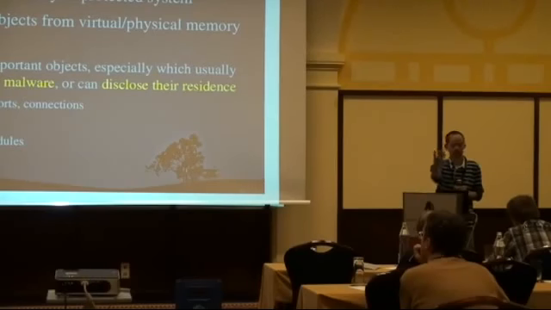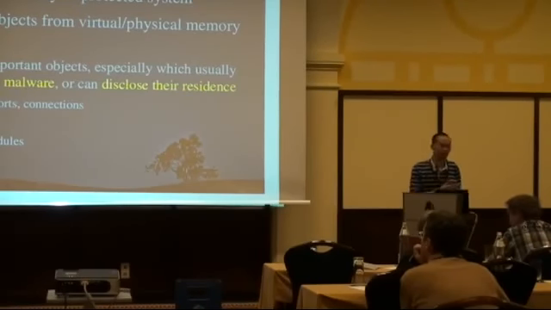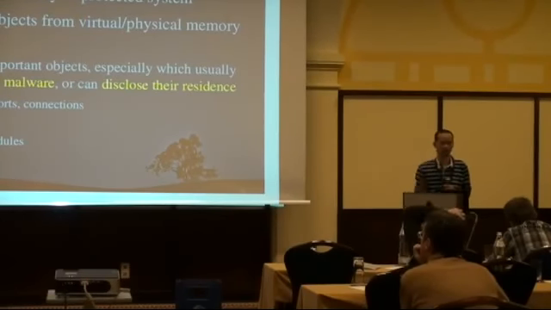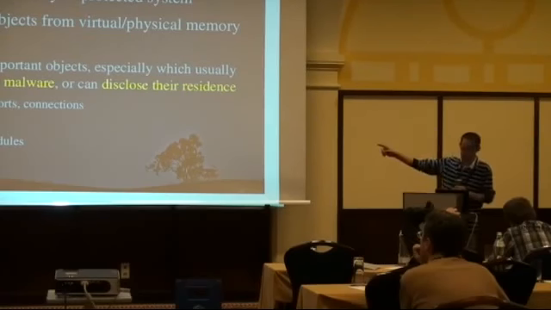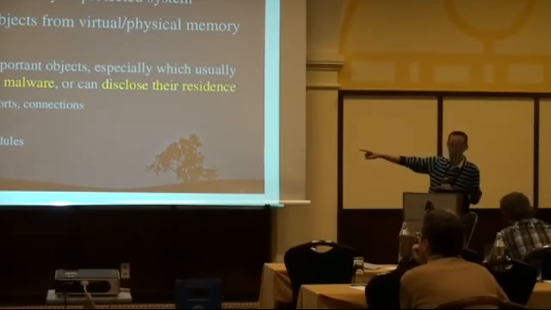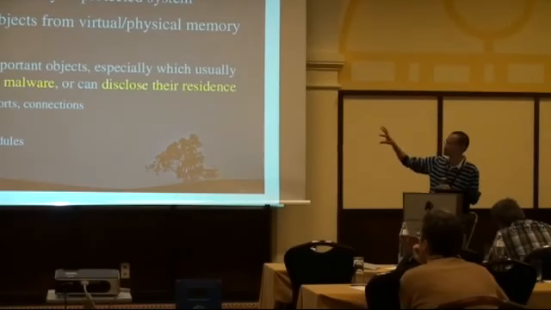After that, it extracts the system objects from the memory. Because we want to focus on detecting malware, we focus on important objects that can disclose the residence of malware inside the memory, such as network ports, connections, processes, and kernel modules. Those are the things you want to get out of the memory with this framework.